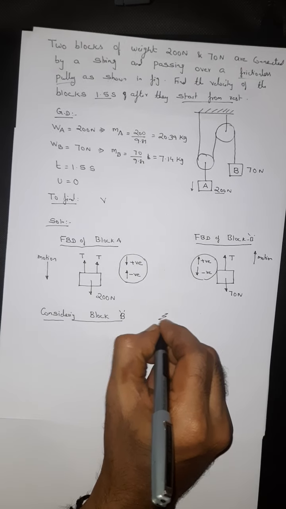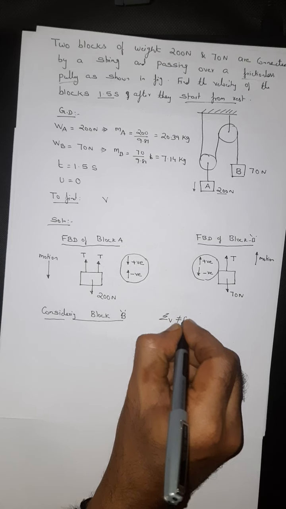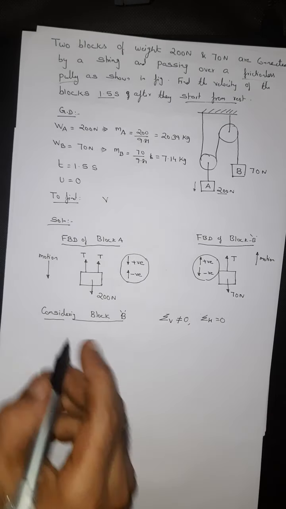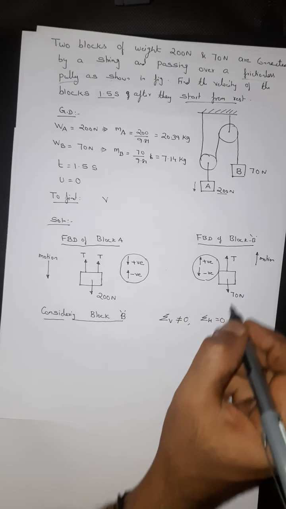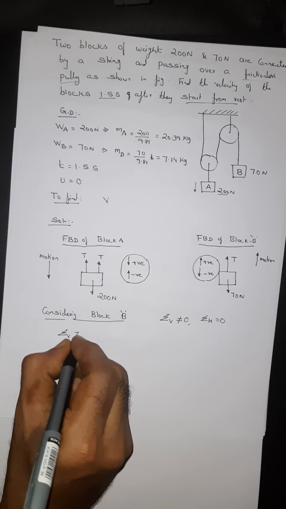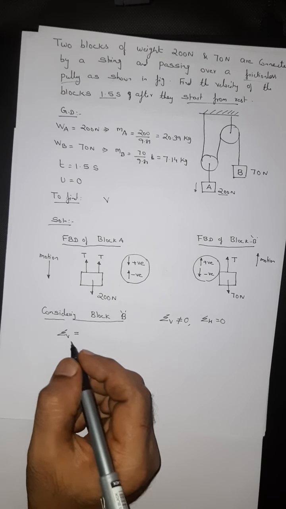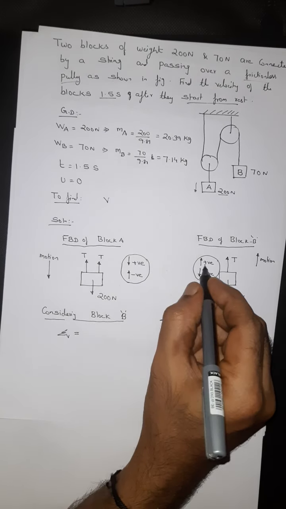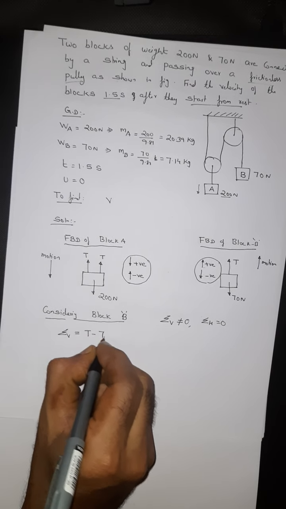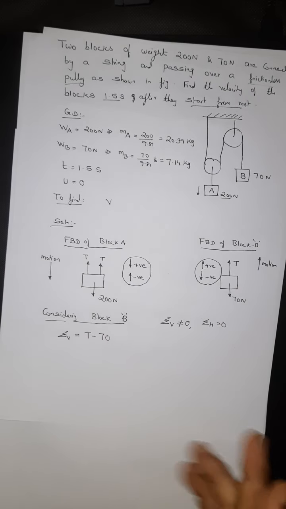So therefore the condition is summation V is not equal to 0, summation H is equal to 0. So there are no horizontal forces. Therefore summation H can be eliminated. So I'm going to resolve the vertical forces. Sum of vertical forces, upward is positive. So T minus 70. So this is force.